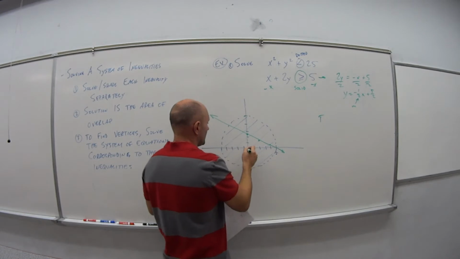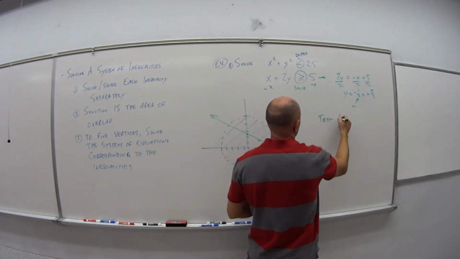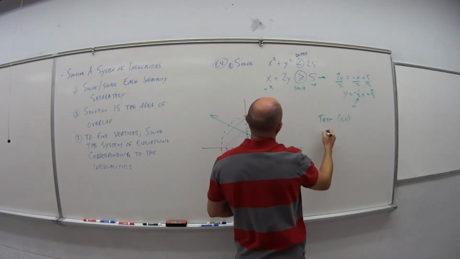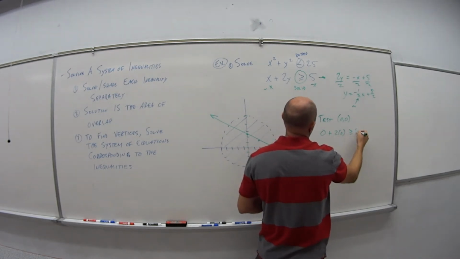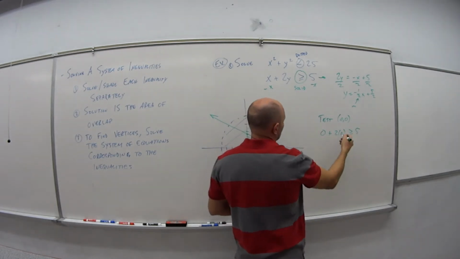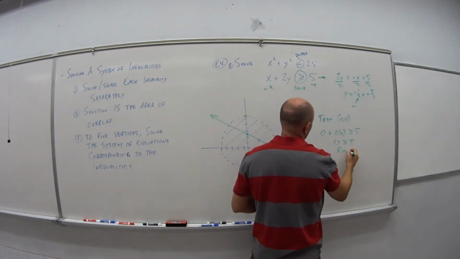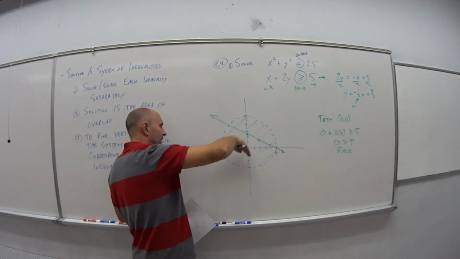So fortunately, I can choose 0, 0. It's not on the line, so if I test 0, 0, if I plug it into this inequality, what do I get? 0 plus 2 times 0, is this greater than or equal to 5? Well, that's 0 is greater than or equal to 5. That's false. That is not a true statement, which means I don't shade the side with 0, 0.